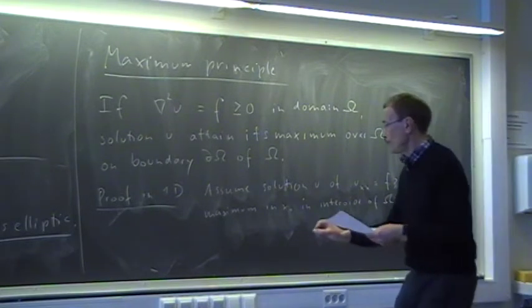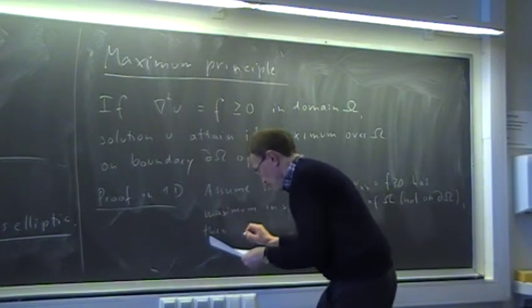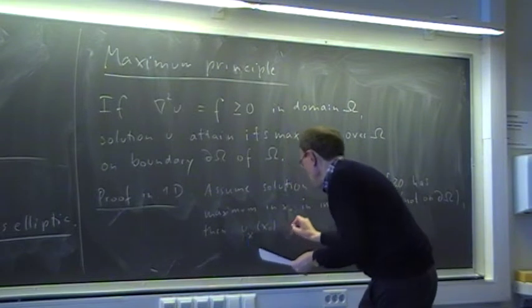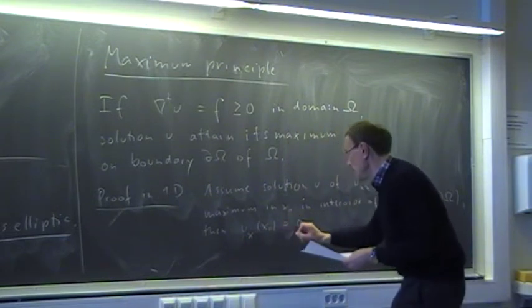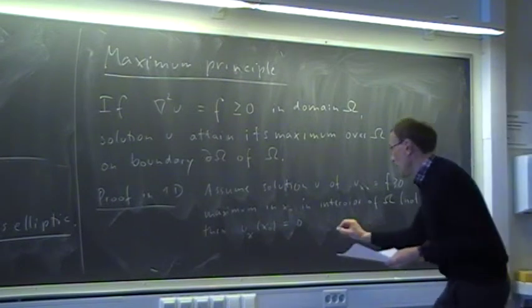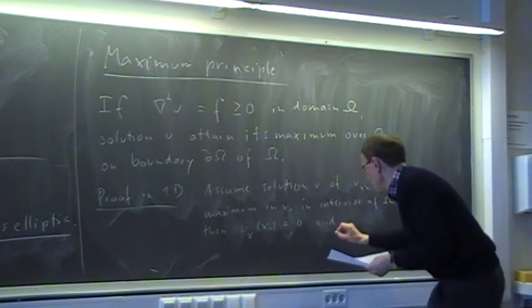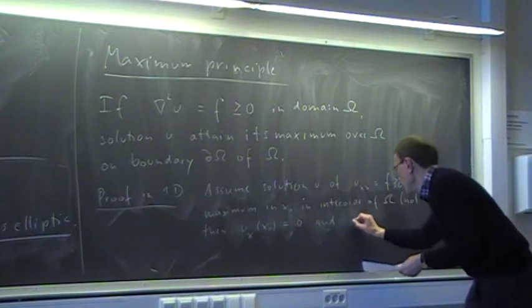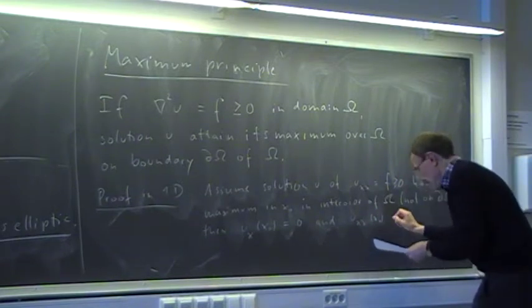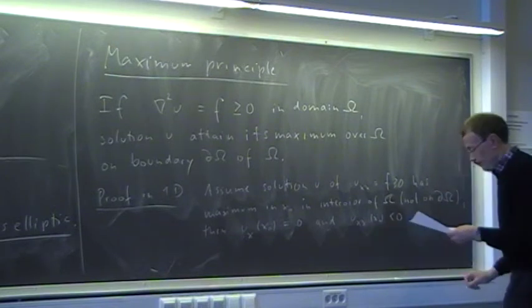Then we would have that the first derivative at this location, if it's a maximum, has to be 0. That is the criterion for a maximum. And if it is a really true maximum, we would expect that the second derivative is smaller than 0.